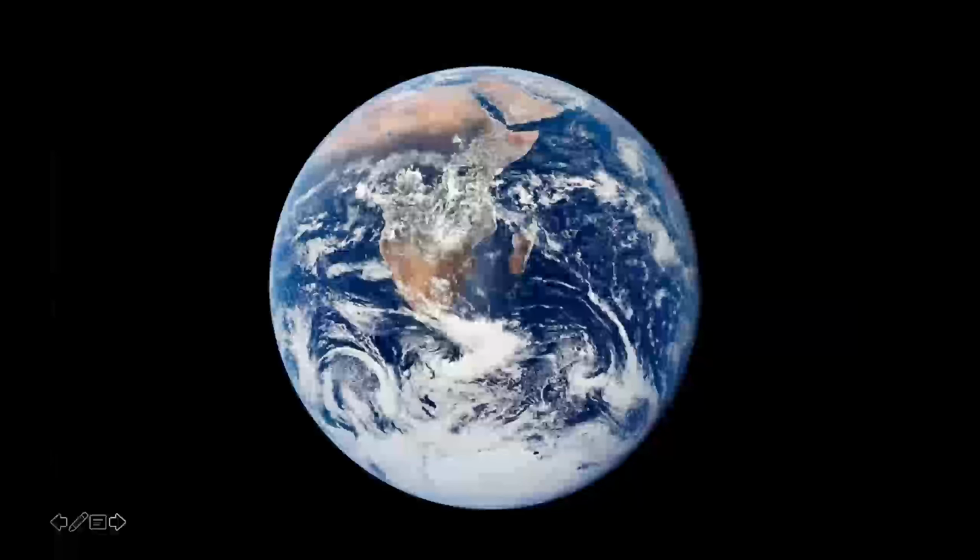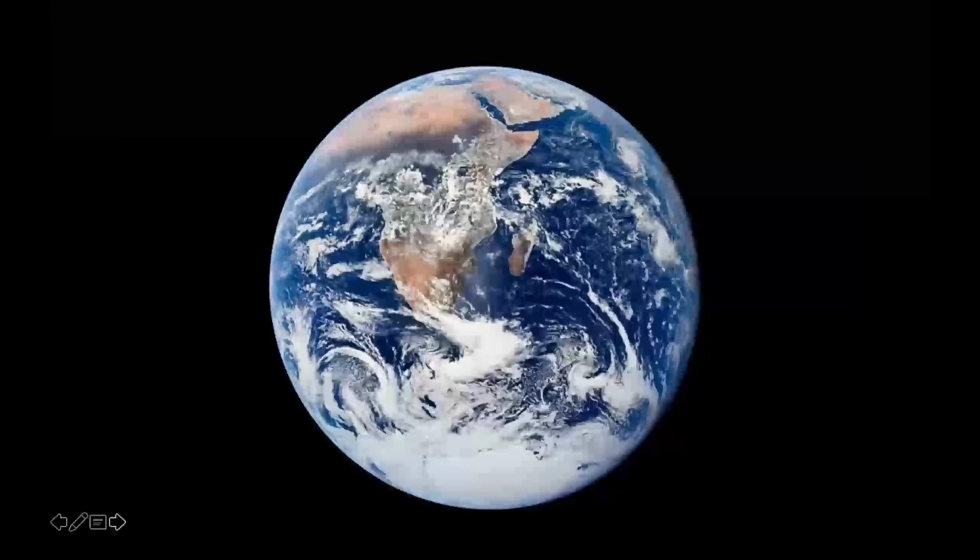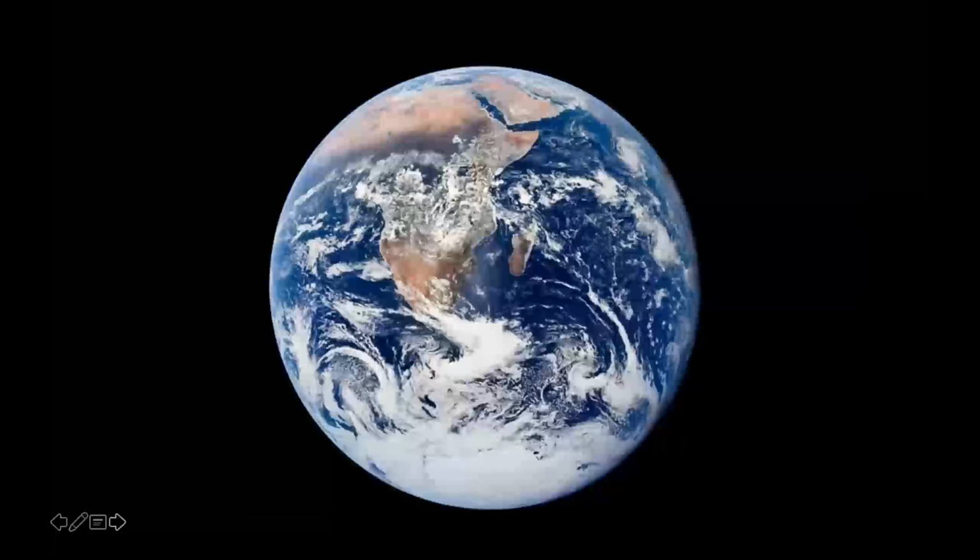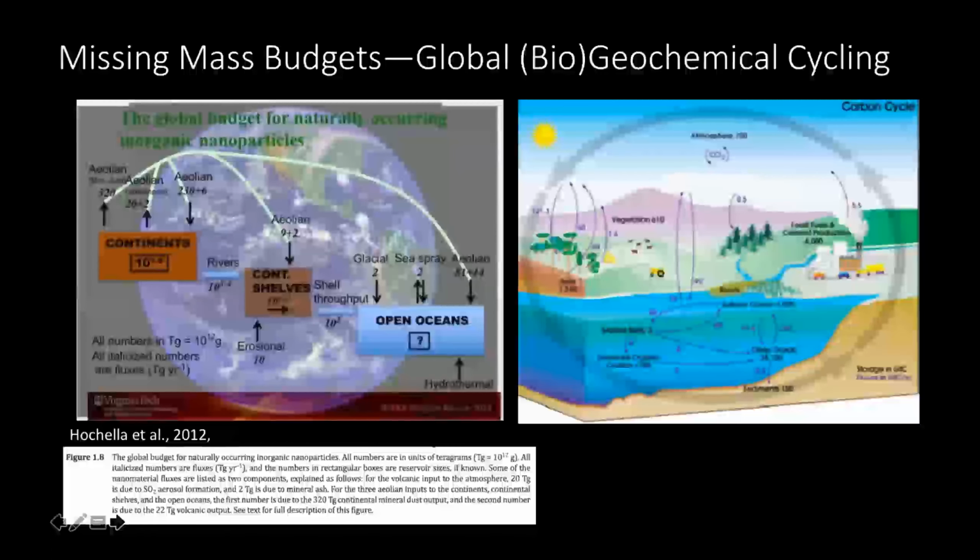So I want to give you just a few examples from across the Earth system of topics that you might want to explore in your own classes. And I guess I'm posing this as a series of questions about what's missing in what we're already teaching and how can nanoparticles fill that gap.